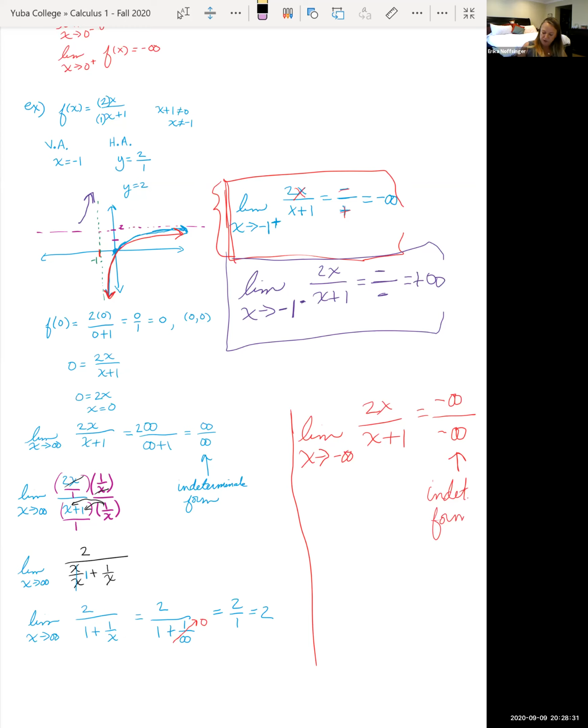So I can use the same reasoning I did over here and multiply this function by that fancy 1 over x. And when I do that, so really we're going to look at the limit as x is approaching negative infinity of, when we multiply by that 1 over x, we got this. We got 2 all over 1 plus 1 over x.